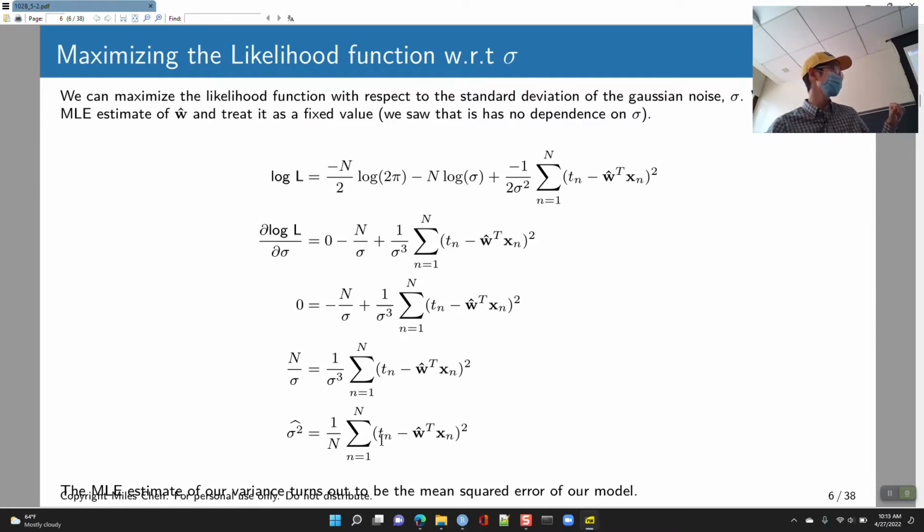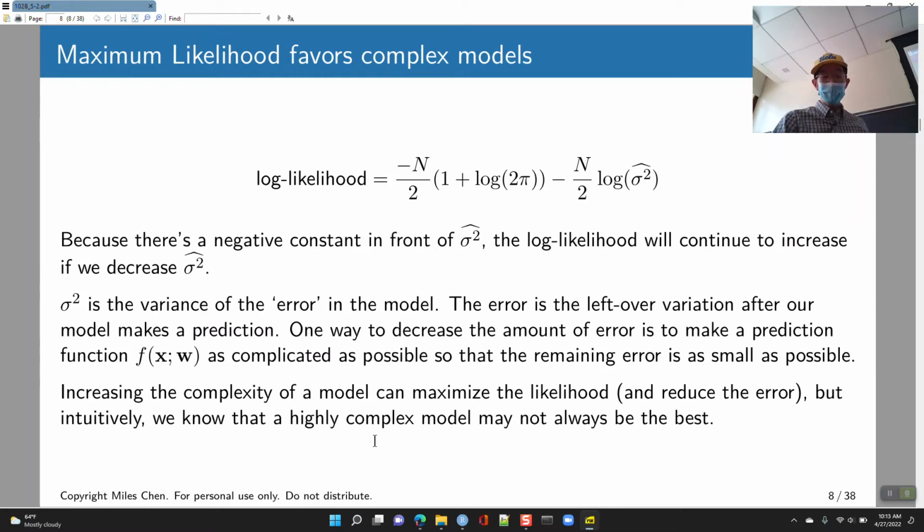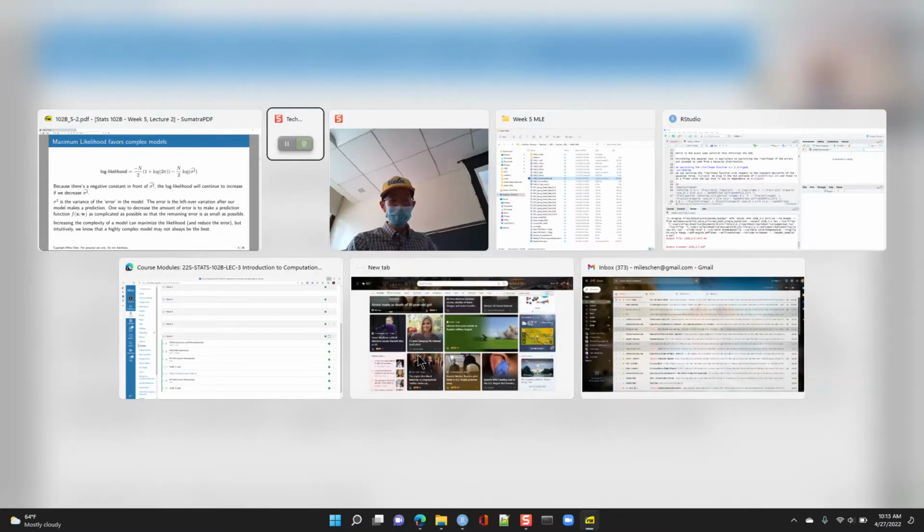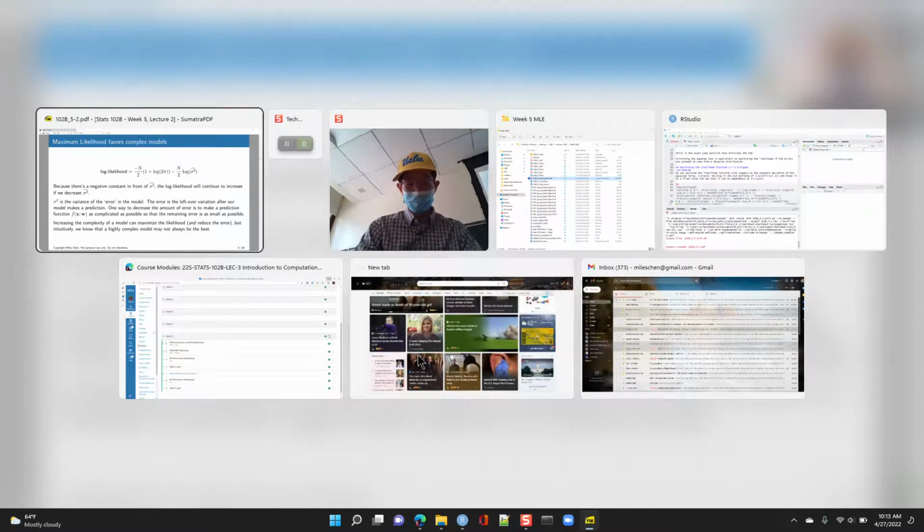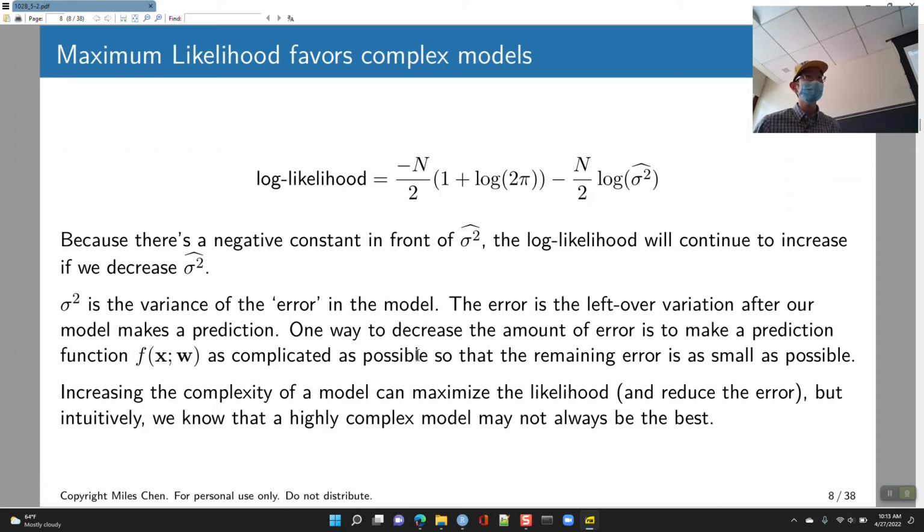I mean, the predicted values closer to the actual values. And so it's basically what we have left over. It's basically the mean squared error after we make a prediction. And so one way we can decrease the amount of error is to make the prediction function as complicated as possible so that the remaining error is as small as possible, right?